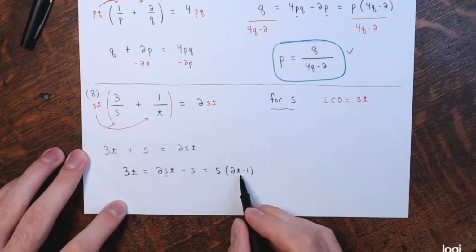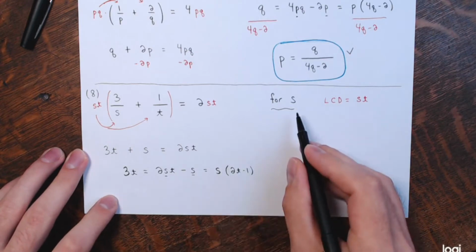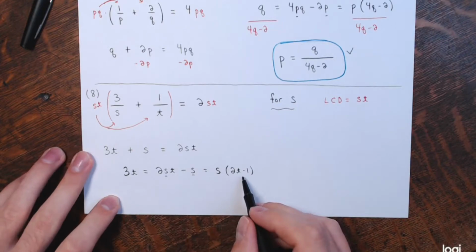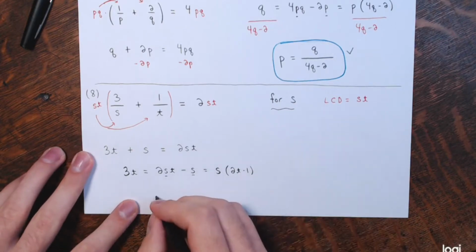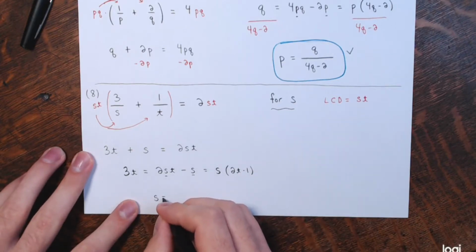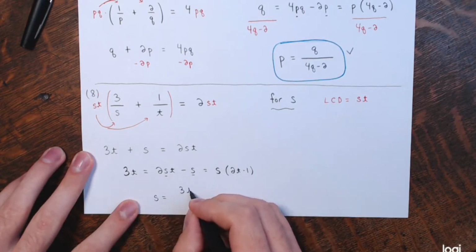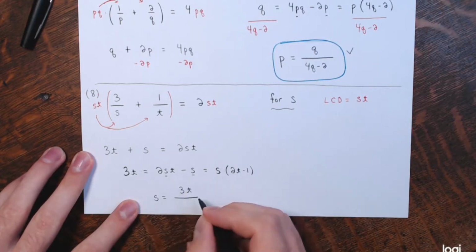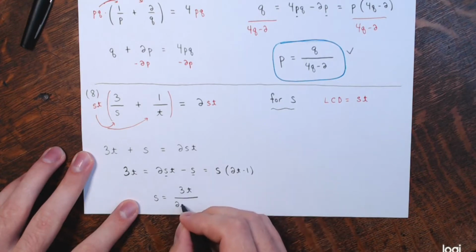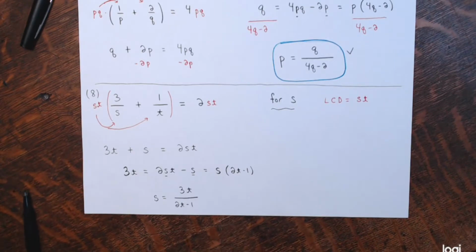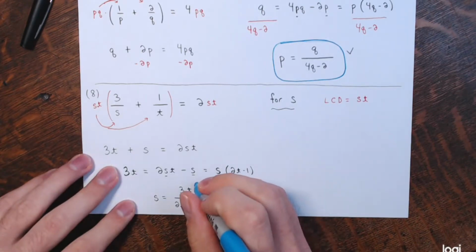And then to get s alone, since we're solving for s, I would divide by this 2t minus 1. So we'd end up with s on one side, and the other side would have 3t divided by 2t minus 1. And there you go, there's the equation solved for s.